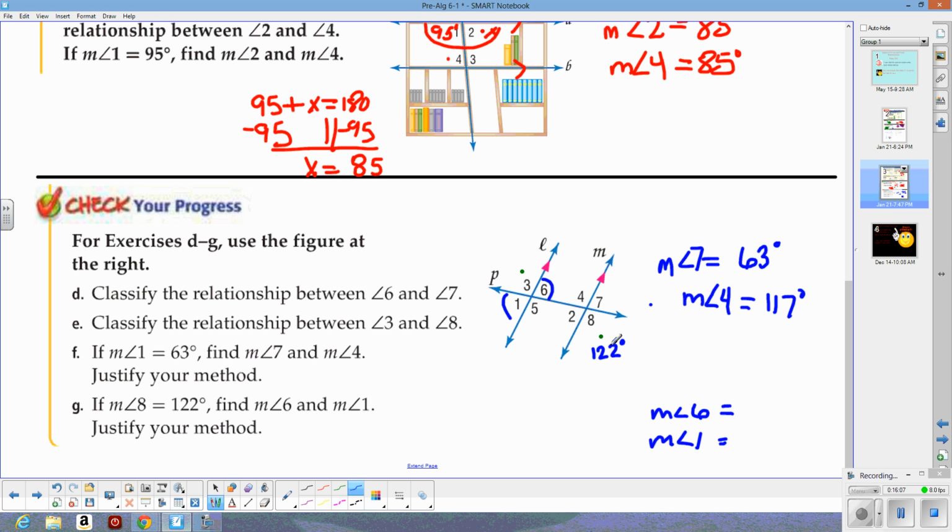I would probably start off by figuring out this one. These two angles together have to total 180. So if this one's 122 and together it has to be 180, 180 minus 122 is going to be 58. And if 2 is 58, so is 6, because they're alternate interior angles. And number 1 is also going to be 58 because it is a vertical angle to 6.